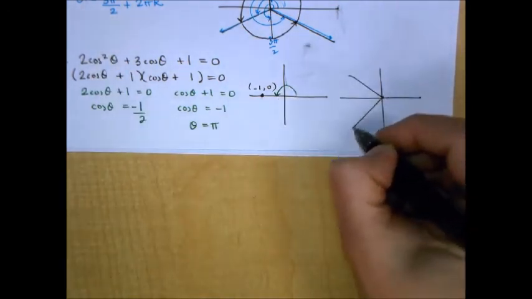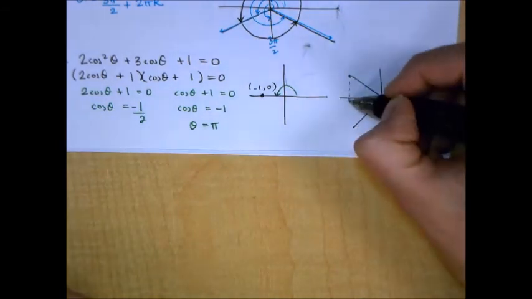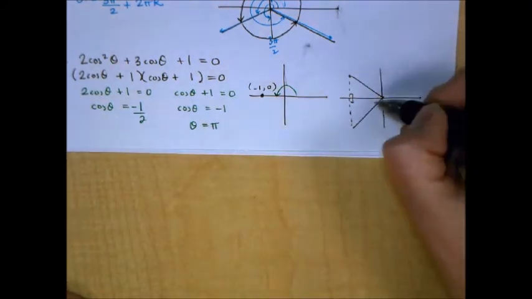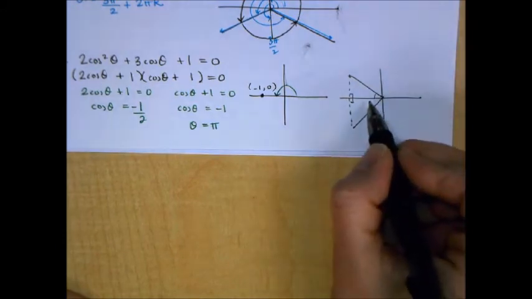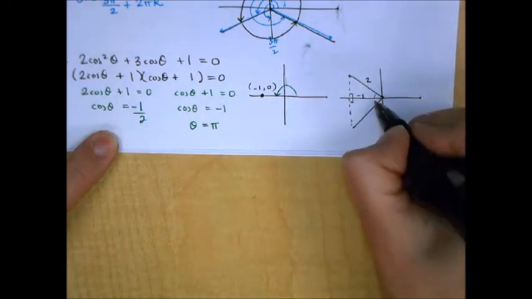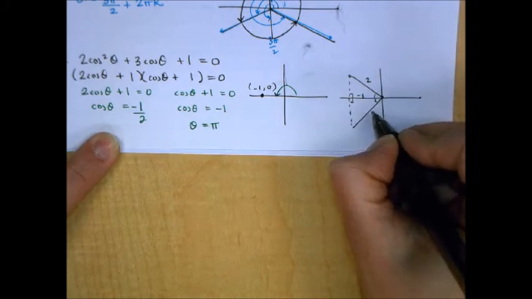And if not looking the same, we just want to make sure we label them correctly. So from the perspective of cosine and using your reference angle, we want to label the adjacent side -1 and the hypotenuse 2. We do the same thing in here in quadrant 3. The adjacent side is -1, the hypotenuse is 2. So the opposite side is your √3.